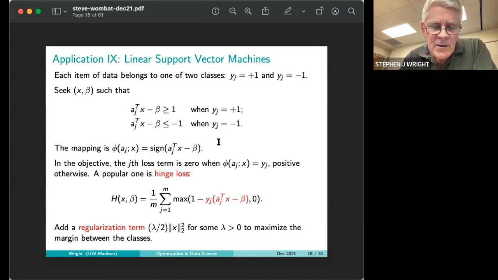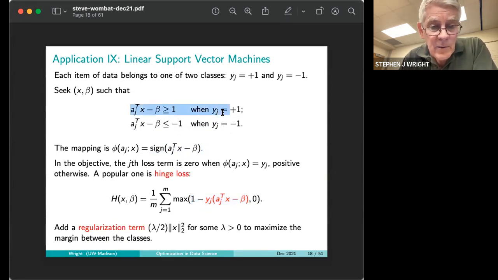So you can write that as an optimization problem by basically writing down this loss function. And if you look at this loss function long enough and hard enough, you'll figure out that if x and beta are doing a correct classification, if one of these two things is true, then this loss function is going to be 0 because this first term is going to be negative. And so when I take the max of that first term and 0, I get 0.